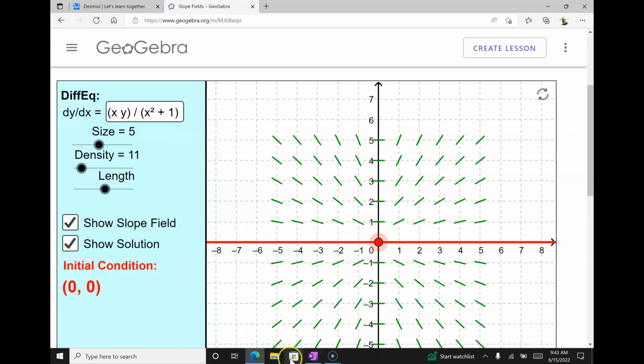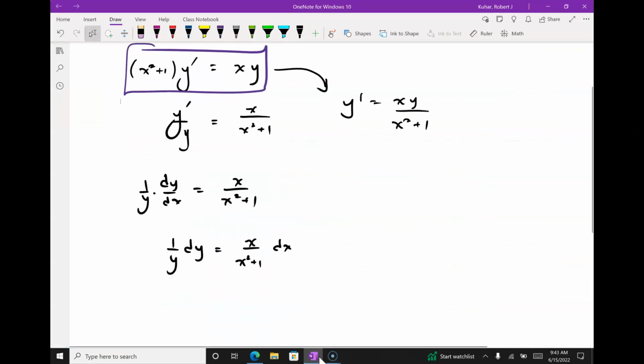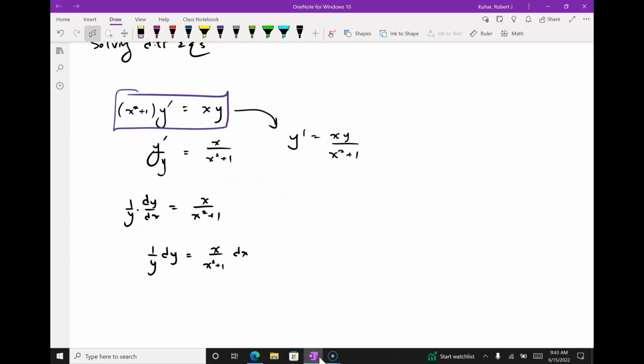So that's what I'm going to do first, and this is going to set me up for an initial condition. Meaning if I knew that when x was 0, y was 1, right, then I could set up the initial condition and then see if I'm correct anyway. But let's go back to our piece here. Here's what we're solving, right? So I rewrite y prime as delta y over delta x, and then try and get all my y terms on one side, including delta y, or dy, and all my x terms on the other side, including dx.